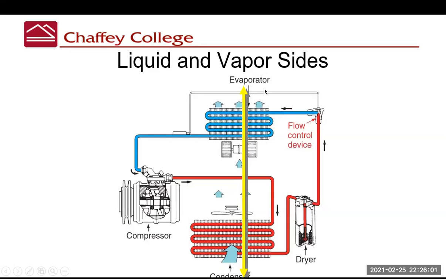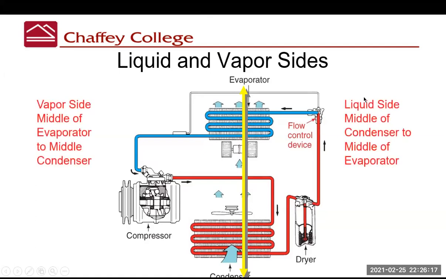So everything on the right-hand side is a liquid form. Everything on the left-hand side is a vapor form. So we have our pressure, high and low pressure dividing point, and our liquid and vapor dividing point. That's where we end up with the quadrants that we'll see on the next slide.